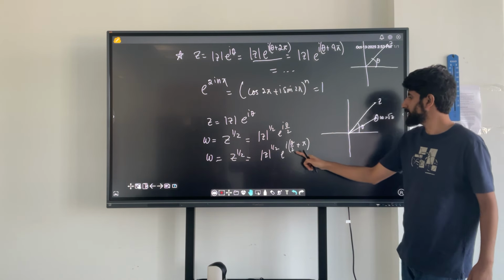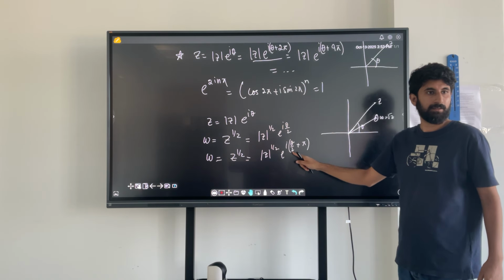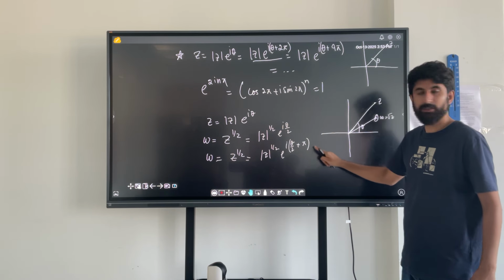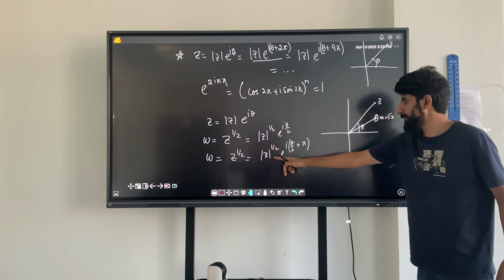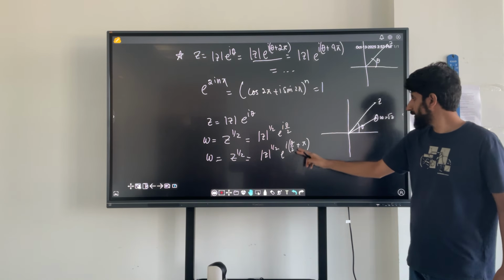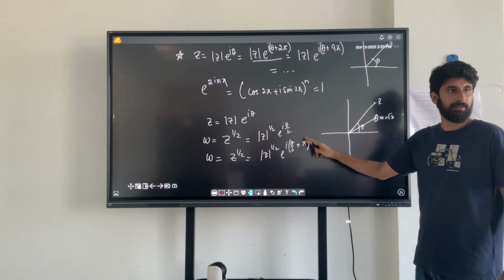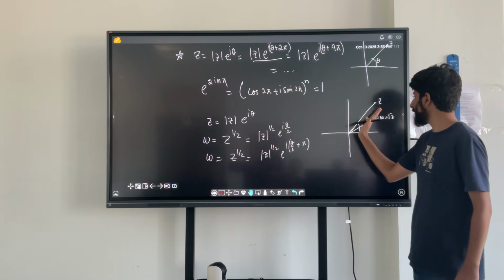So what does he get? e power iθ by 2 plus 5. Obviously the modulus is the same, but the argument is different. He gets θ by 2 plus 1.